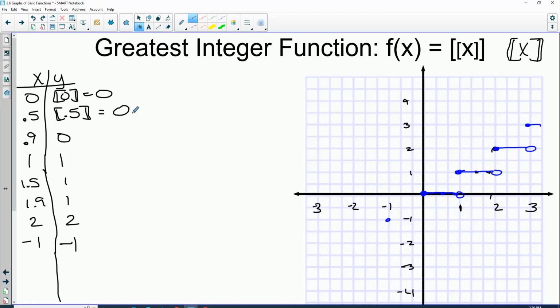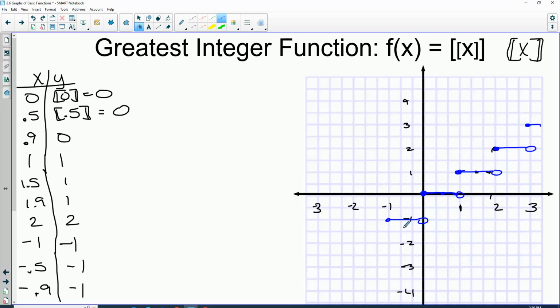Okay, if I put in negative 0.5, negative 0.5 falls between negative 1 and 0. Which is smaller? Negative 1. If I put in negative 0.9, what am I going to get out? Negative 1. Okay, so we're down here up until the point when we put in 0 and then we jumped up.